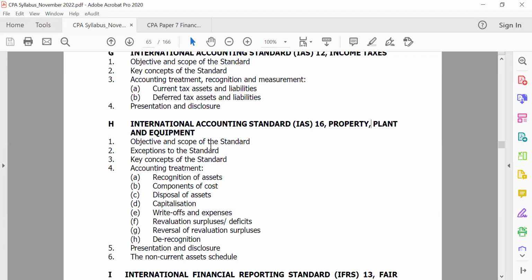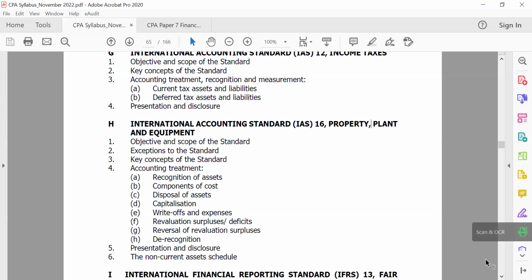Now, when it comes to these standards, you'll come to appreciate that each of the standards has a scope, so anything outside that is not covered within that scope. For example, what is covered under IAS 16 does not include intangible assets. Those will be in IAS 38. So it's important for you to understand the scope. What does it cover? Each of the standards will provide that.